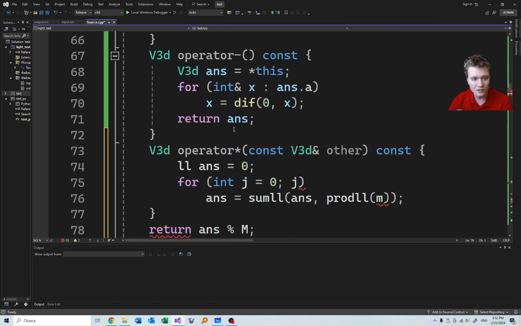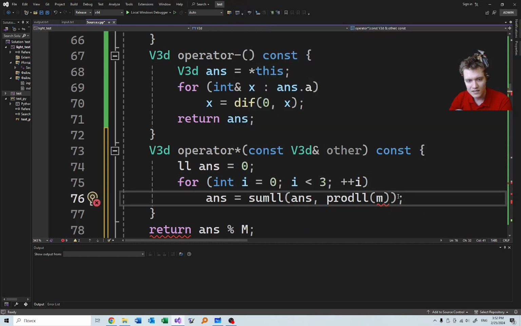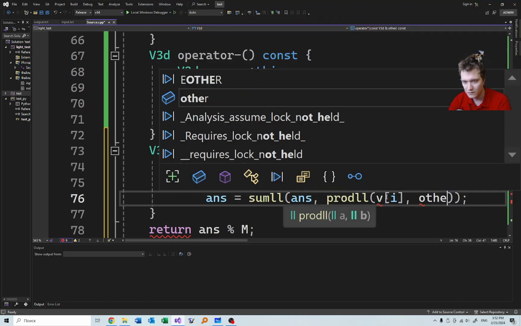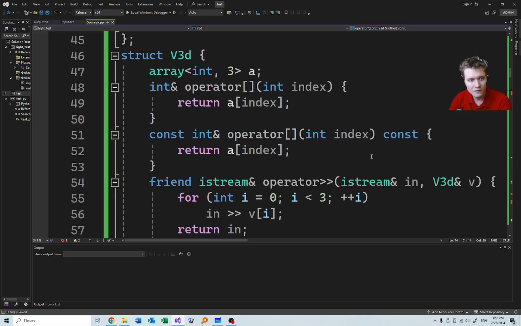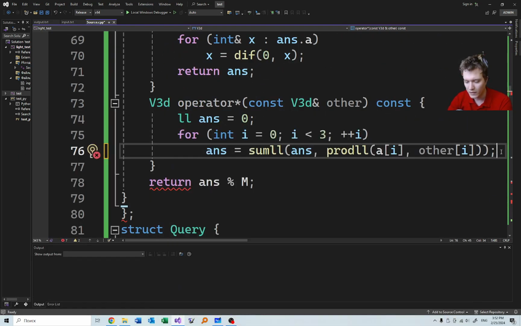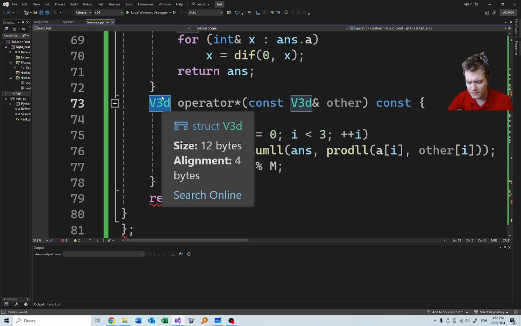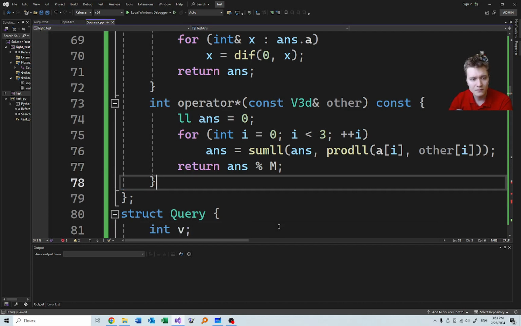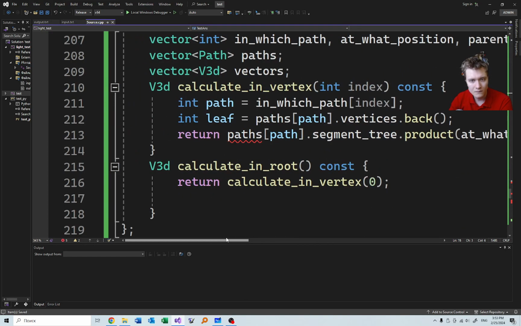And here we need to do ll ans equals 0, and from i equals 0 to 3, ans is the sum ll of ans and the product of v a i and the other a i, and return answer percent m, and not v3d but int. Okay. So now, what's wrong?